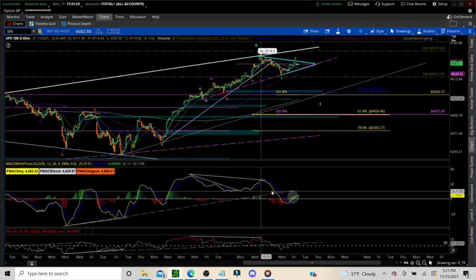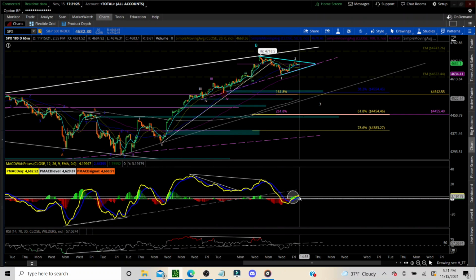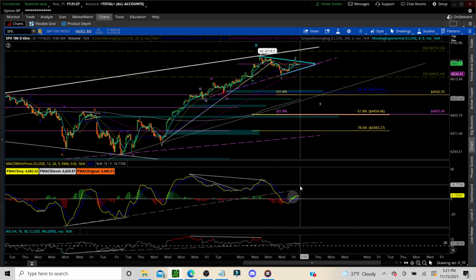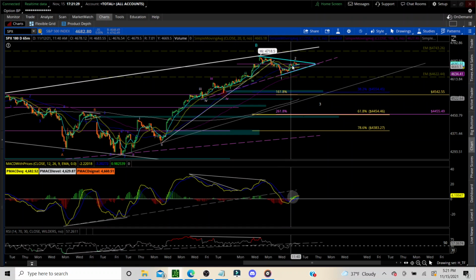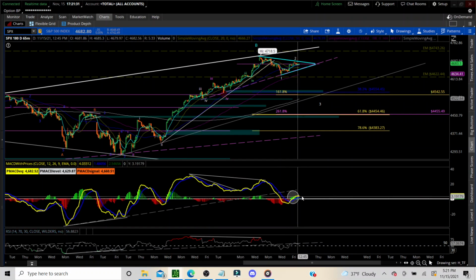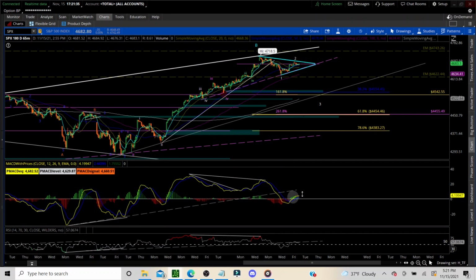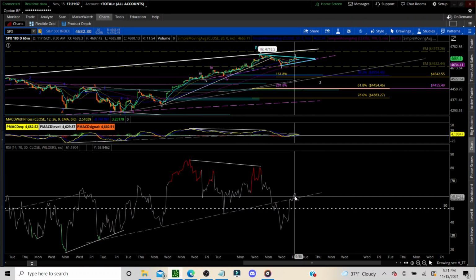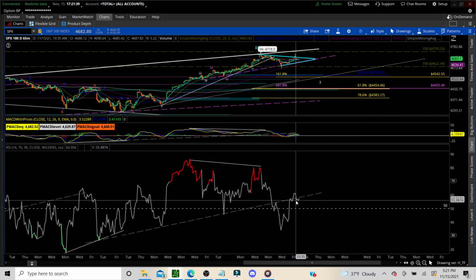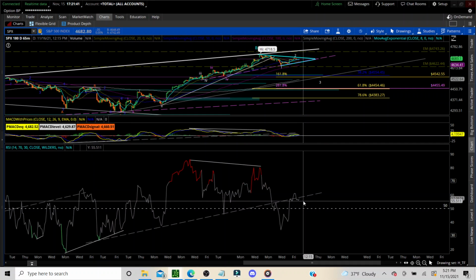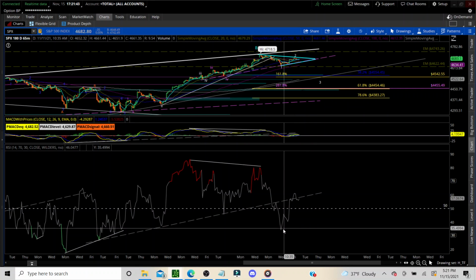On a 65 MACD, you see us curling back over. We are trying to move up here with that 3-wave move up, but it looks like it's pretty weak there. So with the RSI, we have a rising pivot that is giving us trouble to get back over there. So if we can't get back above that pivot, then we didn't even get into oversold area yet.